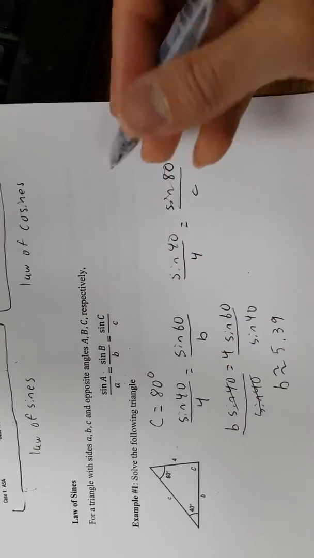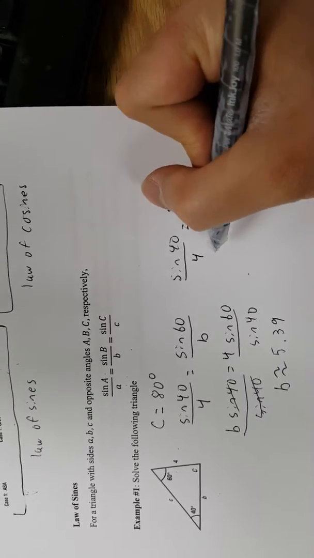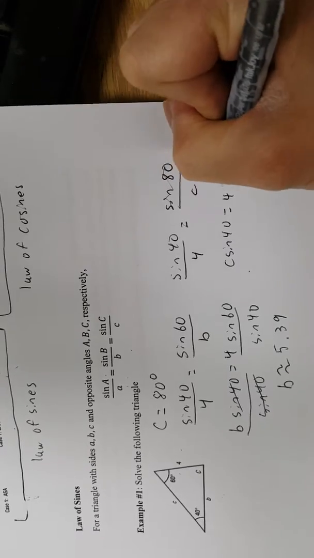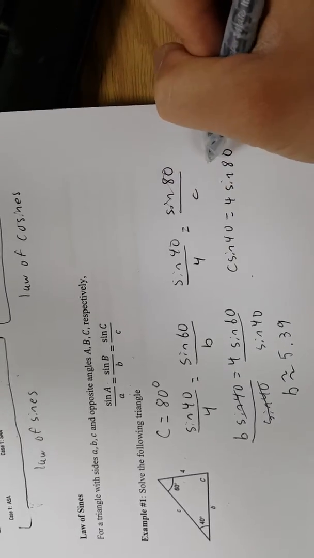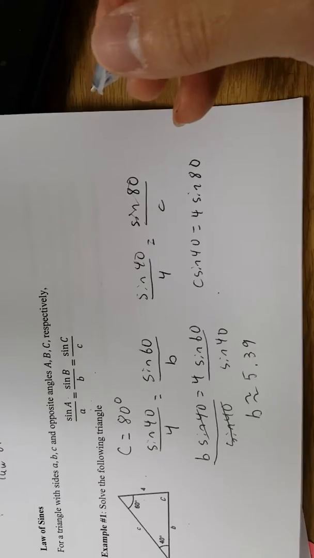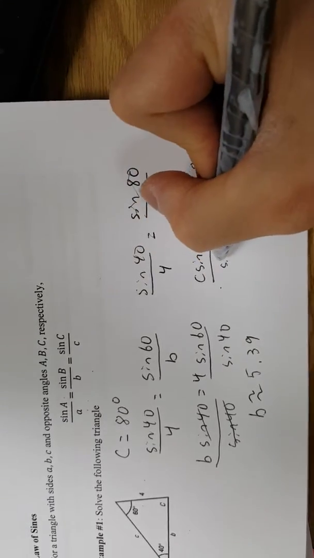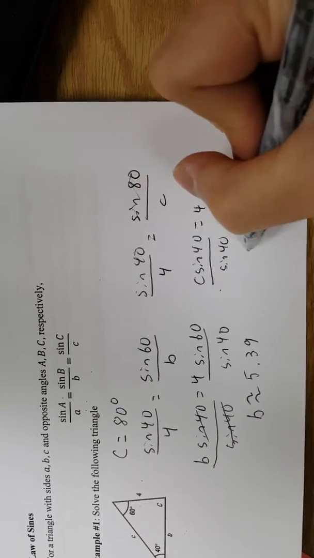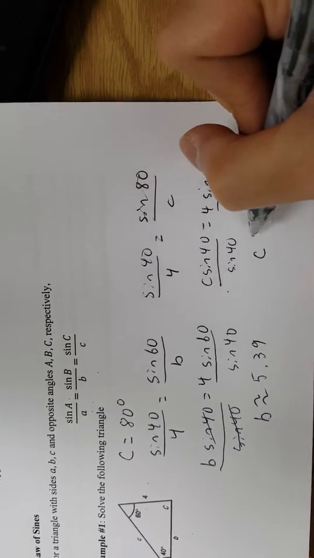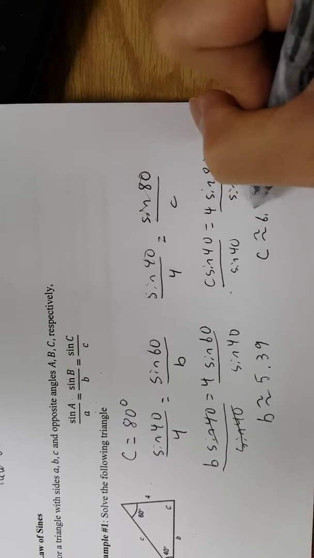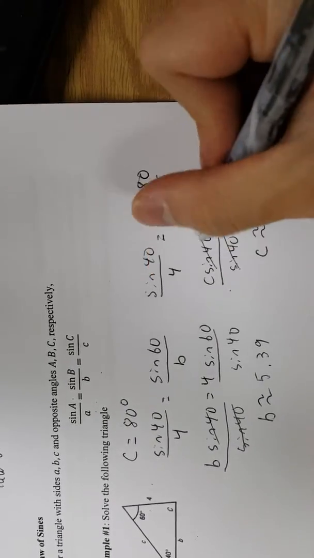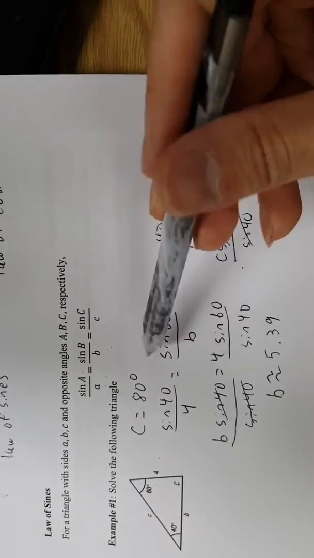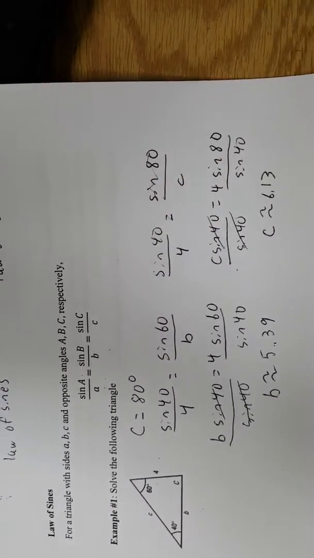So to solve for c, you just cross multiply. So I have c sine 40 is equal to 4 sine 80. And then just divide both sides by sine 40. So c is approximately 6.13. And so now you solve the triangle by getting the angle and the two sides.